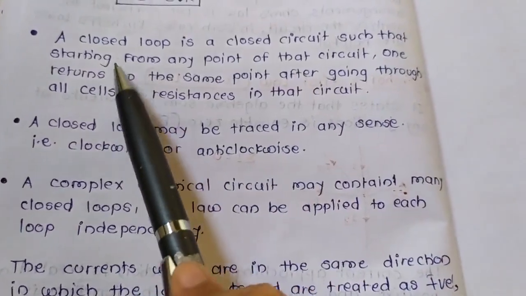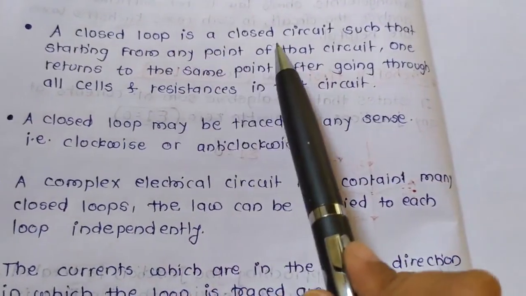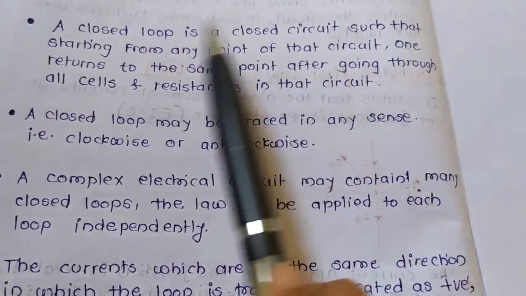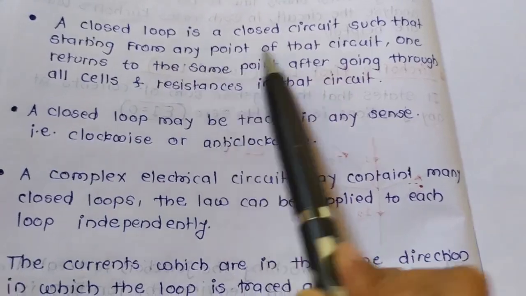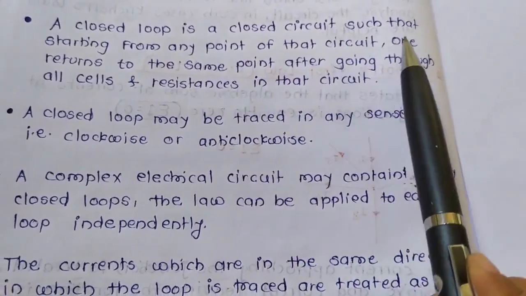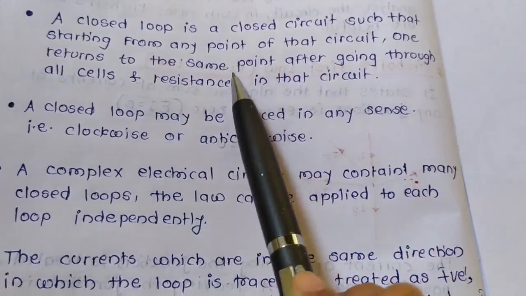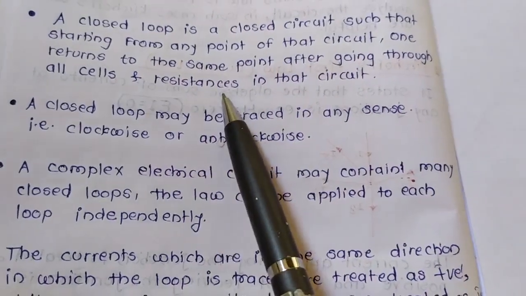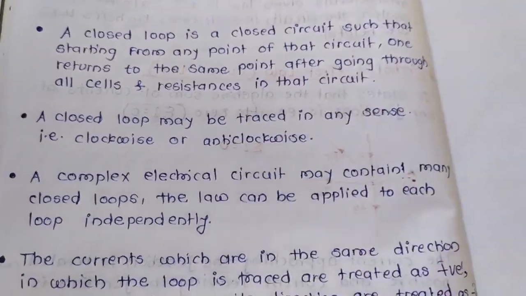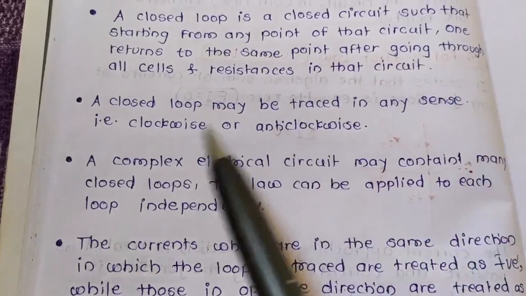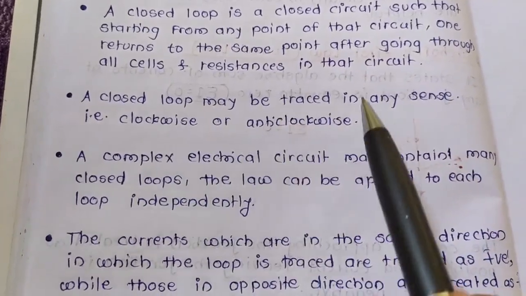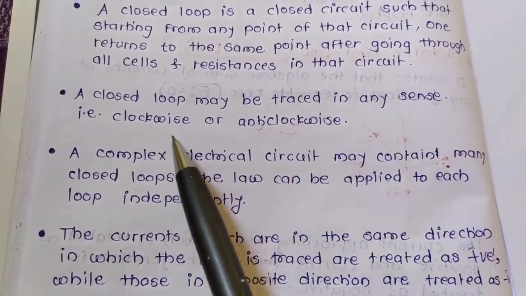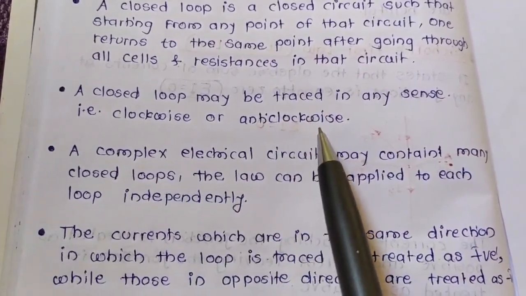First, a closed loop is a closed circuit such that, starting from any point of that circuit, one returns to the same point after going through all cells and resistors in that circuit. A closed loop may be traced in any sense, clockwise or anticlockwise.